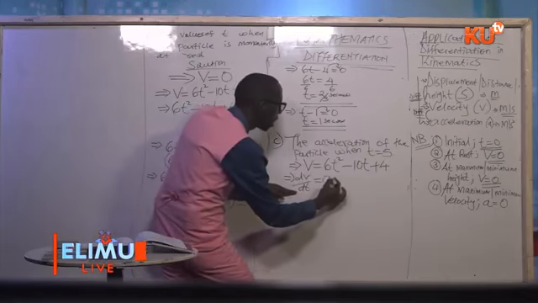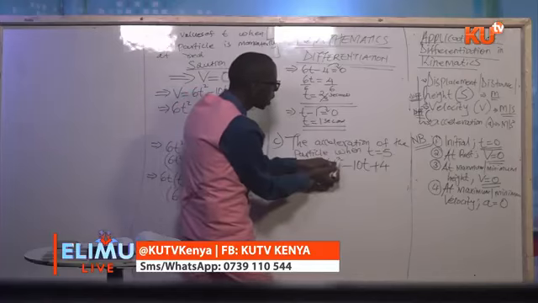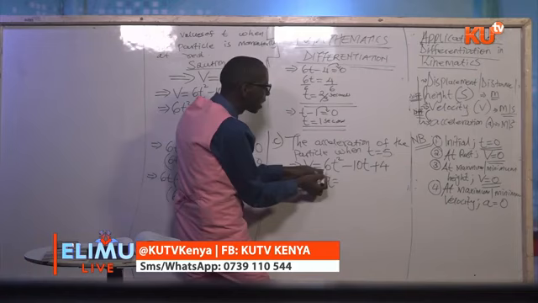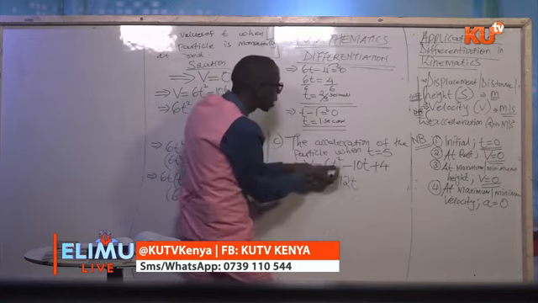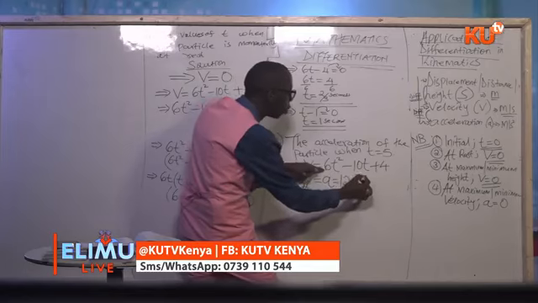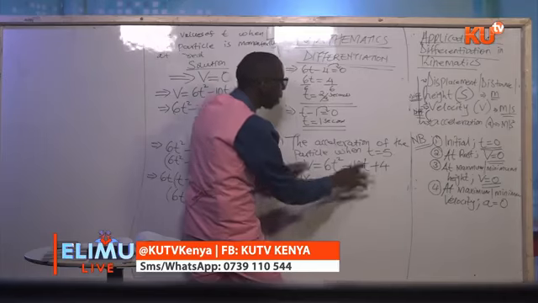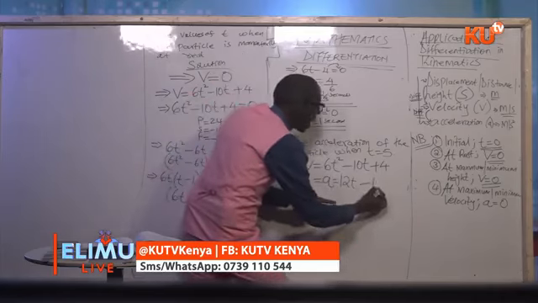So it will give us our acceleration expression. The 2 comes here and meets with the 6, and 6 times 2 is 12t. You subtract 1 from the 2, and it will remain t to power 1, and if the power is 1, you don't write the 1. Then minus 10.